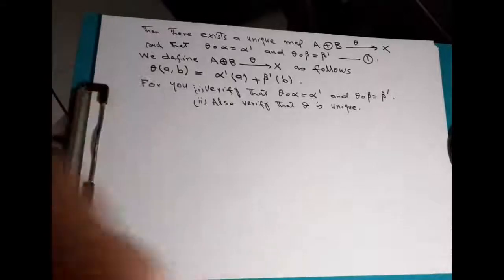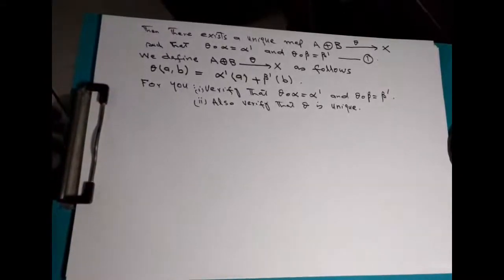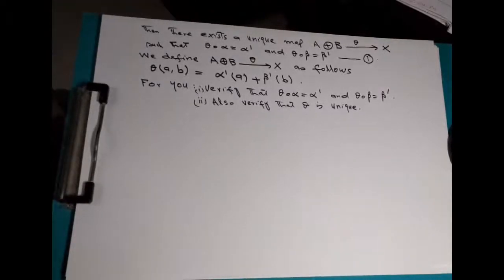So this was an example of push out from the category of abelian groups and group homomorphisms. Now let's come to another example from the category of left R modules, or we can have another example from the category of sets. So let's have an example from the category of sets, then we will see other examples.